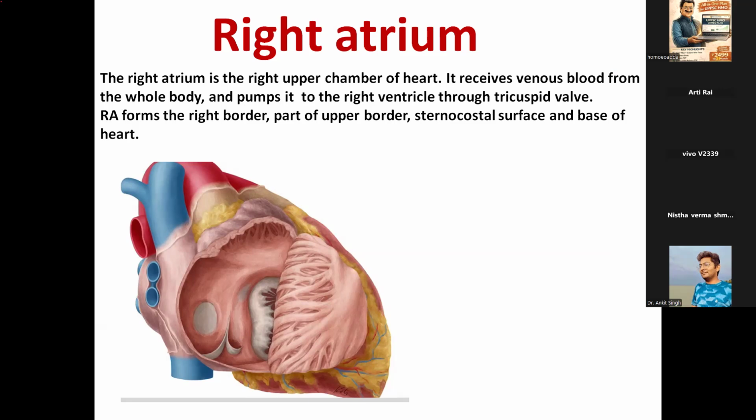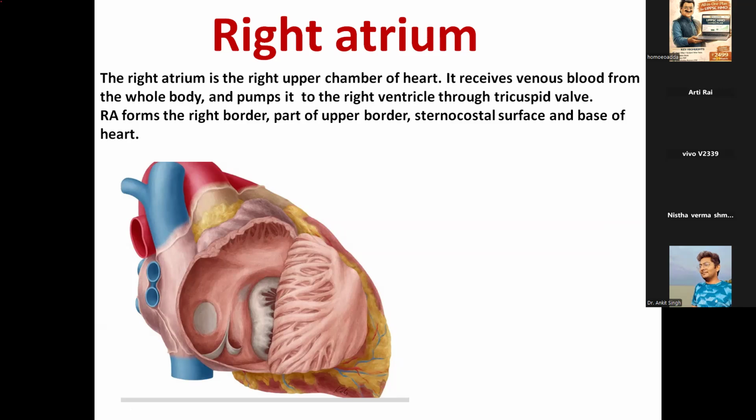So the right atrium forms the right border, as we discussed. It also contributes in forming the upper border. As you remember, the upper border was contributed by the right atrium and the left atrium. Sternocostal surface, that is the anterior surface, consists of three chambers: right atrium, right ventricle and left ventricle.